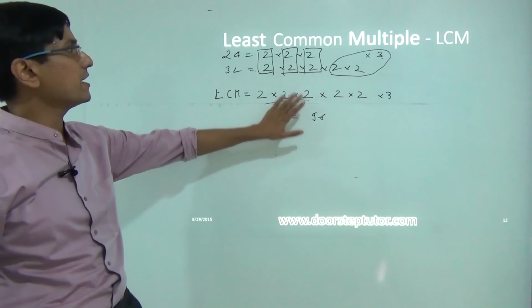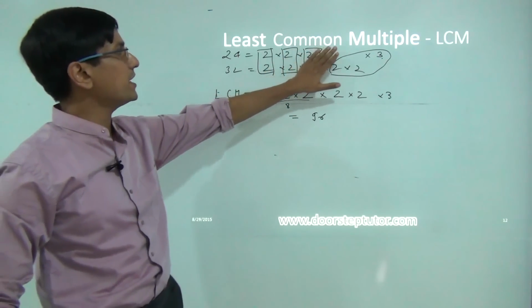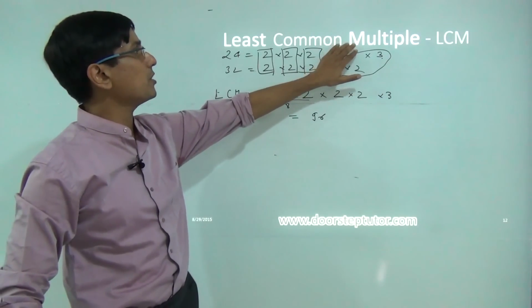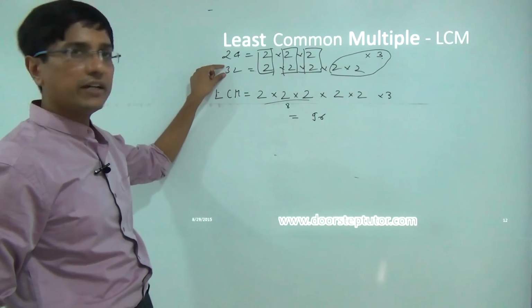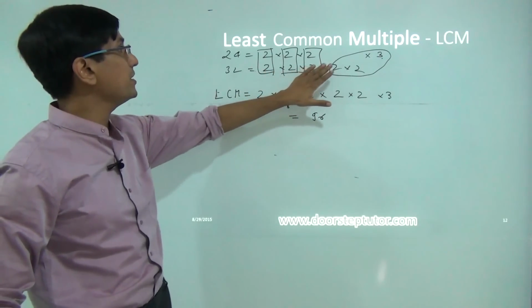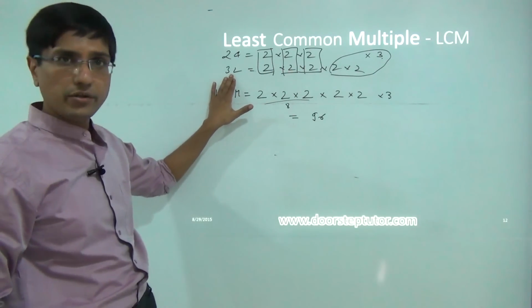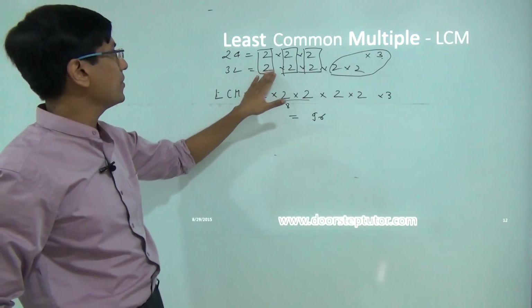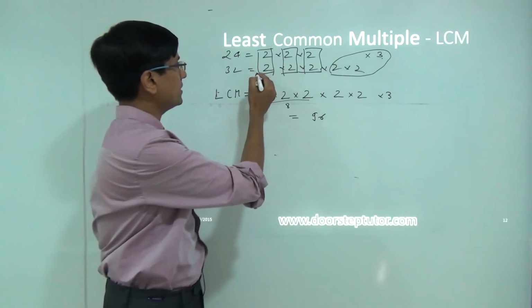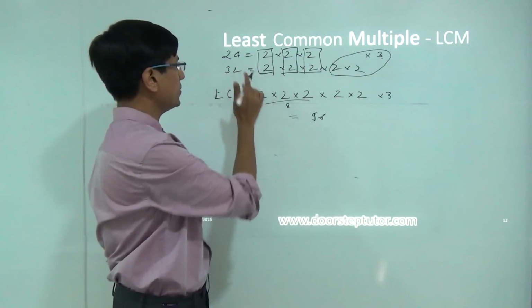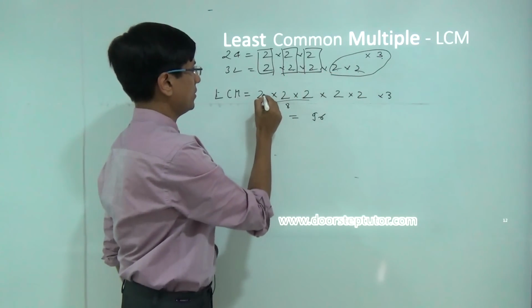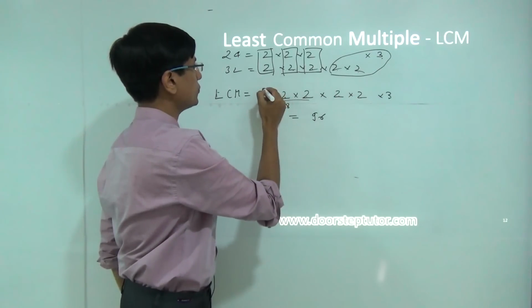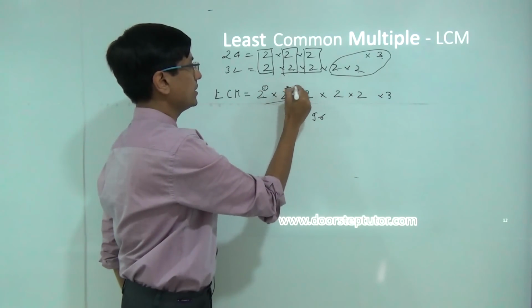What I have done here is try to find the least common multiple, a number which is divisible by both 24 and 32. For a number to be divisible by 32, it should be composed of 5 2's: 1, 2, 3, 4, 5.